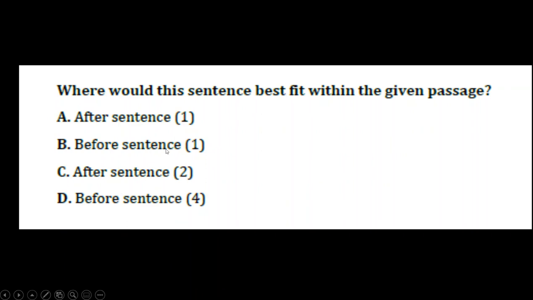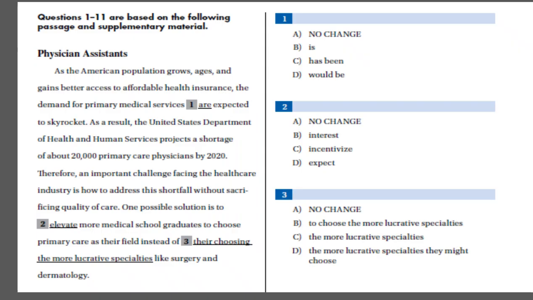Or, where would this sentence best fit within the given passage? You are given a sentence and you have to define which position would most fit this sentence: after sentence 1 or before sentence 1, after sentence 2 or before sentence 4. You have to read the paragraph and decide on its organizational structure and see where the sentence would most fit.